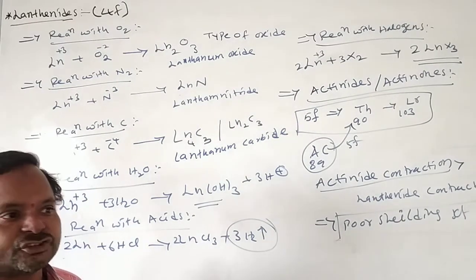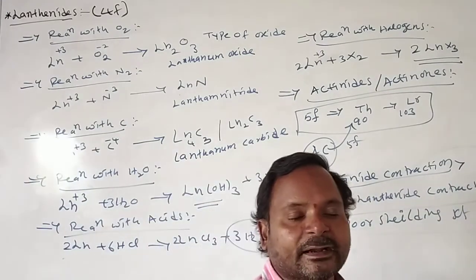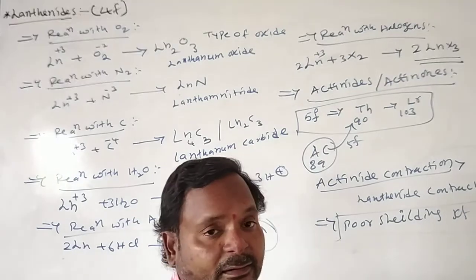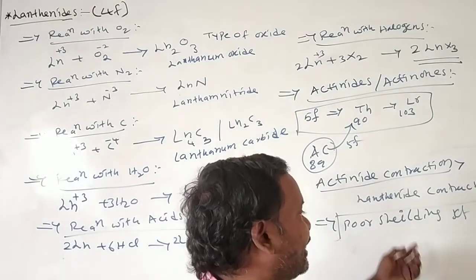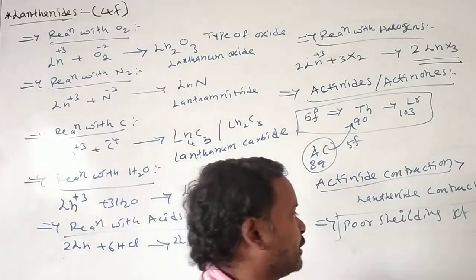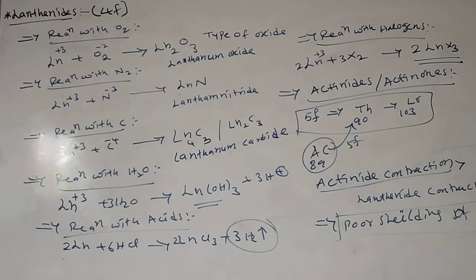This is one more question: why is actinide contraction more than lanthanide contraction? The reason is only one: poor shielding of 5f electrons. This is about the discussion of the actinides and lanthanides.